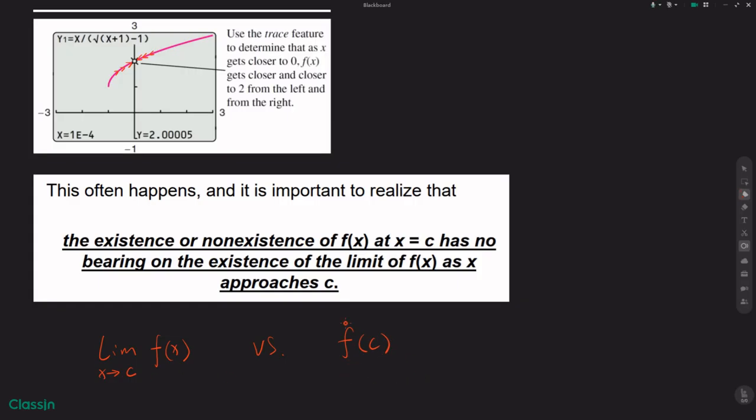You guys know the difference, right? The thing on the right is the function value. It's how much the function f is defined to be when you take x to be exactly equal to c. Well, the thing on the left, we've been spending the past 10, 15 minutes discussing: what if I couldn't really get to exactly c?